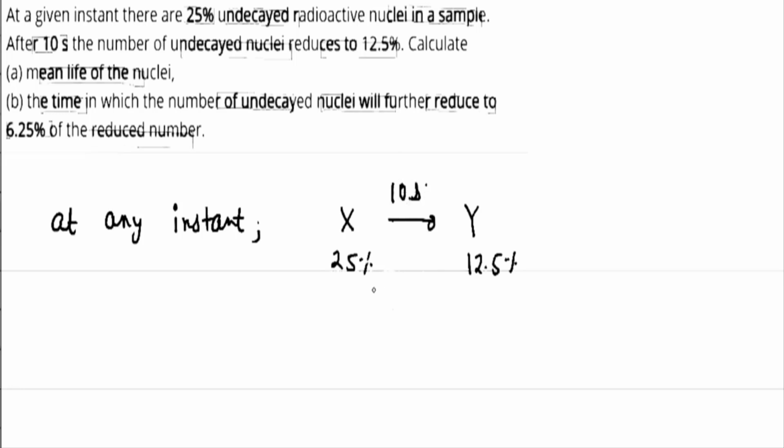That means the number of nuclei becomes half in 10 seconds. So from here we can say that the half life T of this system is 10 seconds. Okay, and we have to find the mean life of the nuclei.